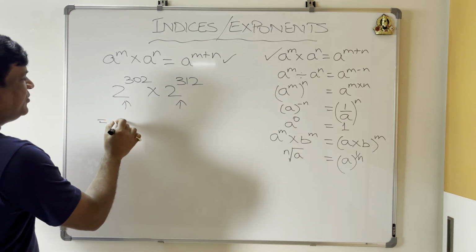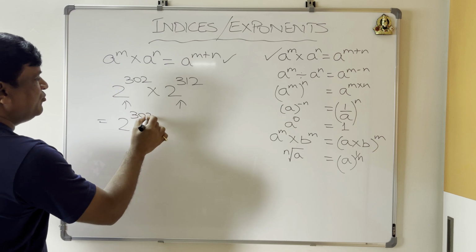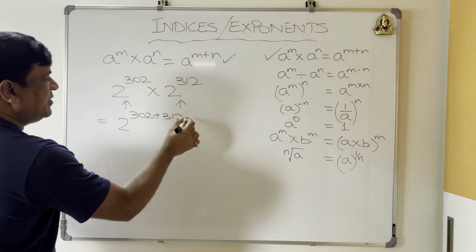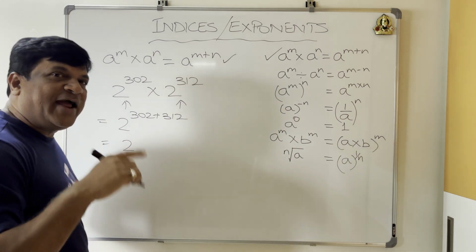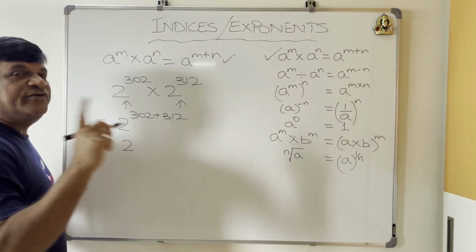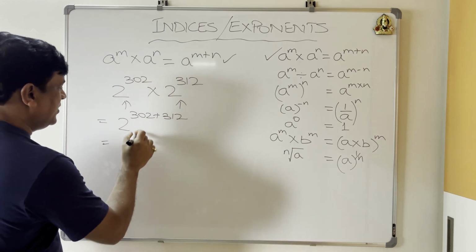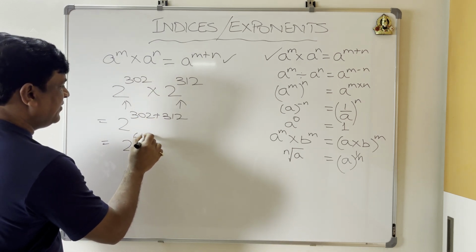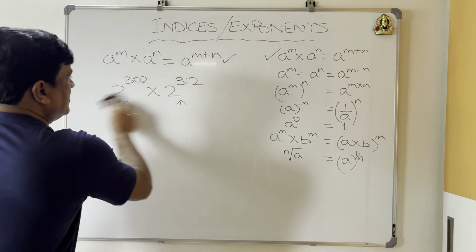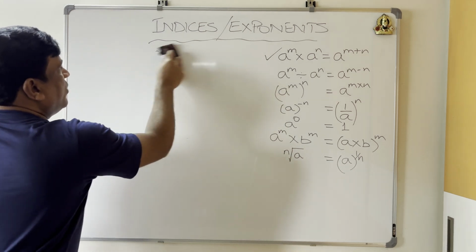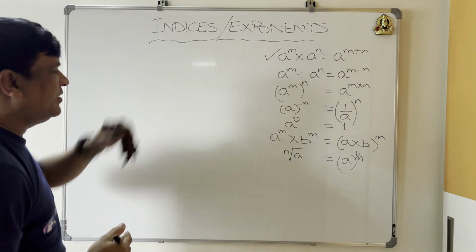Your answer is simply 302 plus 312, so this is nothing but 612. This is where it helps to understand the formula and its practical usage in the actual real world. Okay, makes sense? I hope you understand how to use that particular formula.